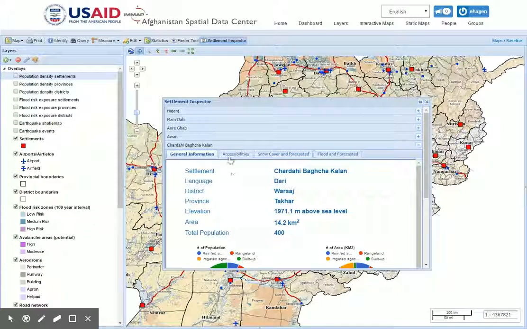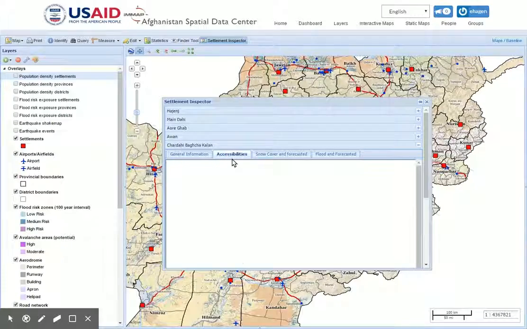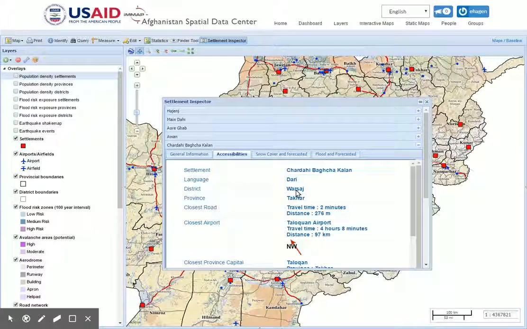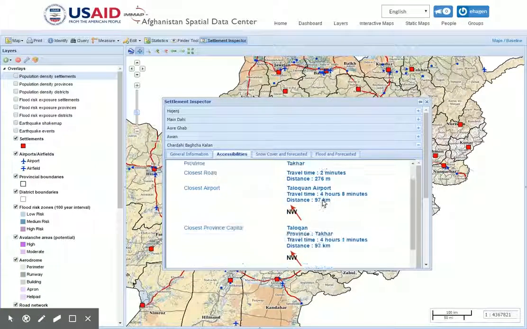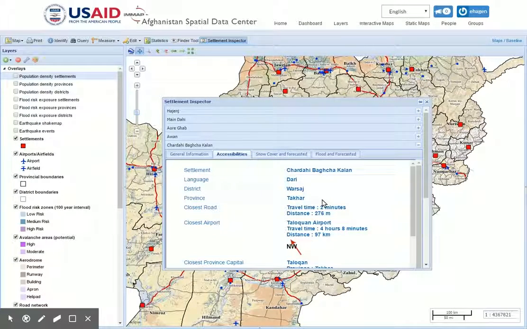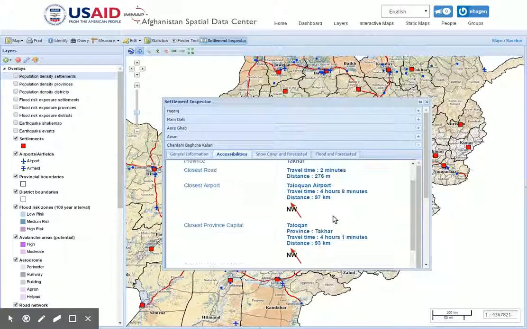From this village, we can click on accessibilities, and we can do that for every settlement in Afghanistan, and we can find information of how long or how far away the nearest road is. Oh, it's actually very close by. It's only 270 meters away, but the airport is more than 4 hours and 8 minutes drive, and the distance is 97 kilometers.